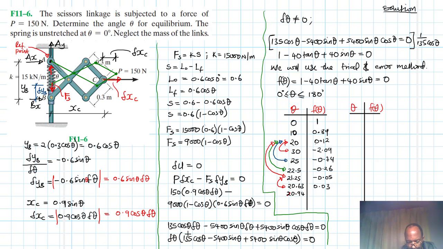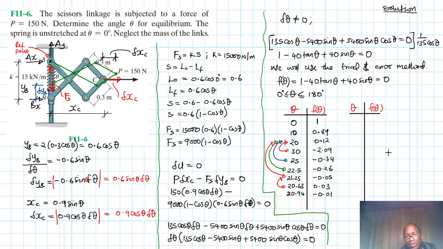So plug it in. We'll have 1 minus 40 tan 20.94 plus 40 sine 20.94. So you have a minus 0.01. Right. An error of that kind is good enough. But if you want, you can still proceed.